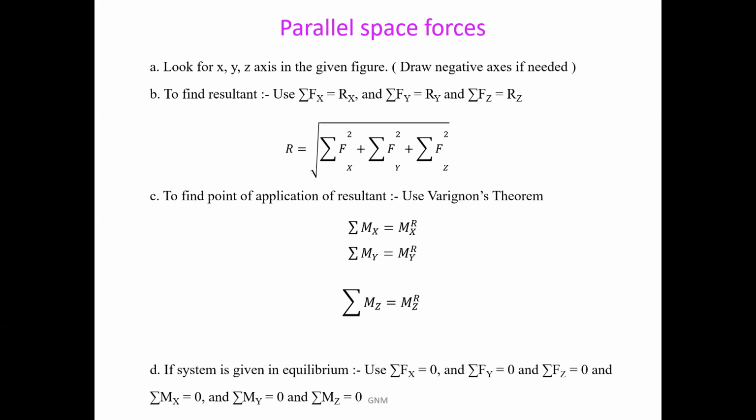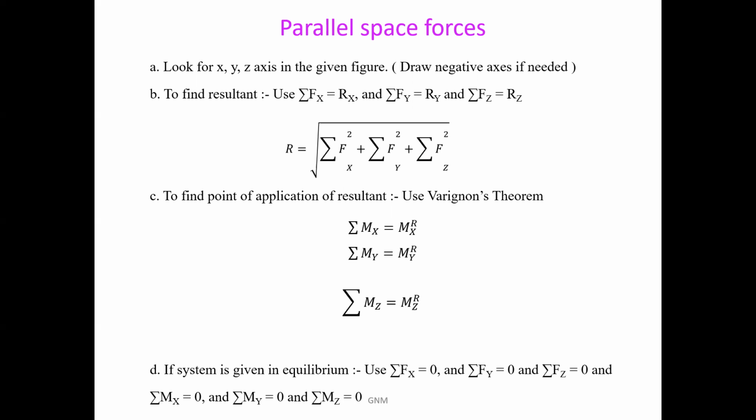This will give us the magnitude of resultant R, where summation Fx is called the resultant's x component, summation Fy is the resultant's y component, and summation Fz is the resultant's z component.